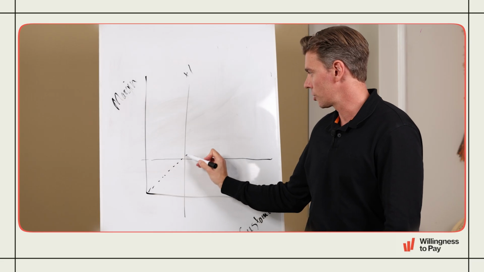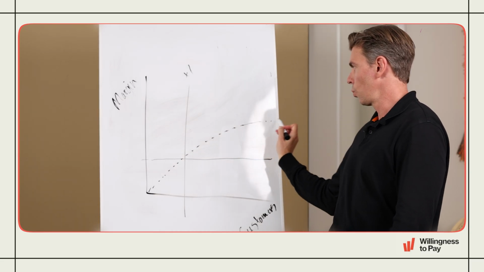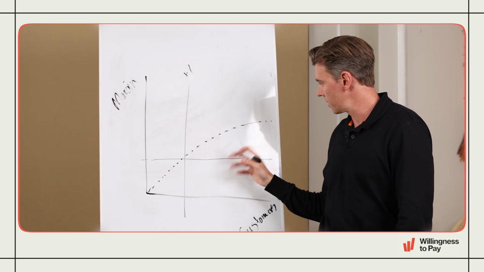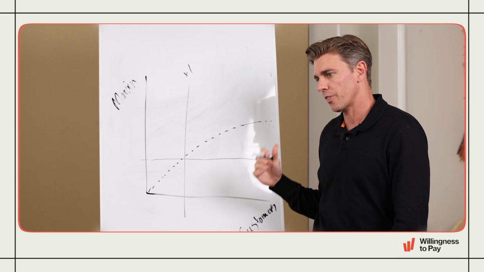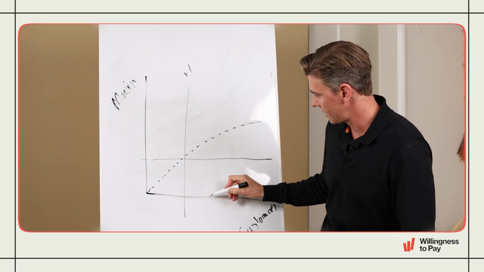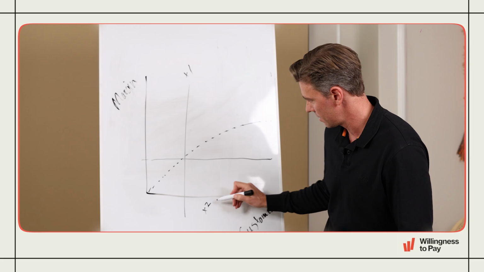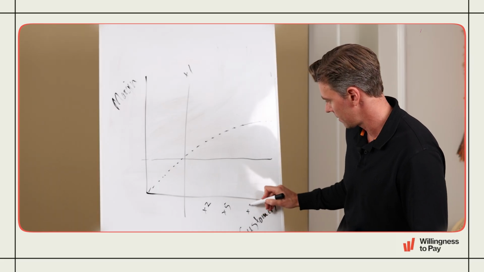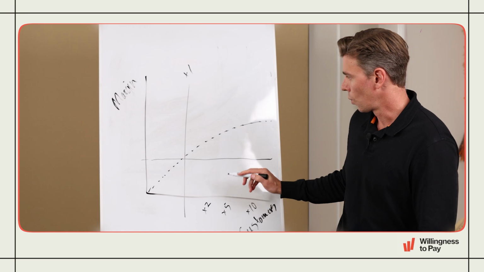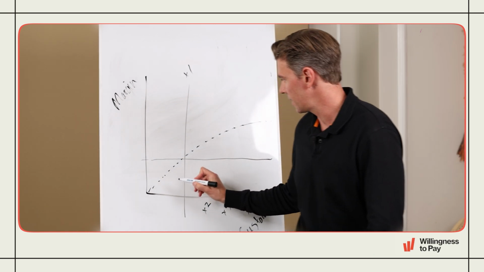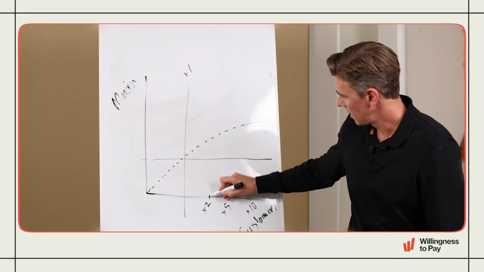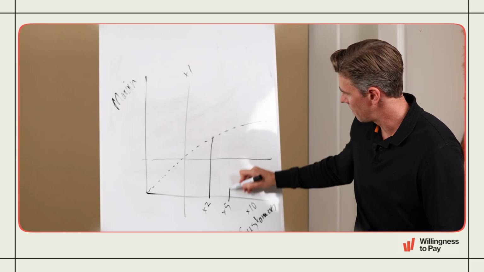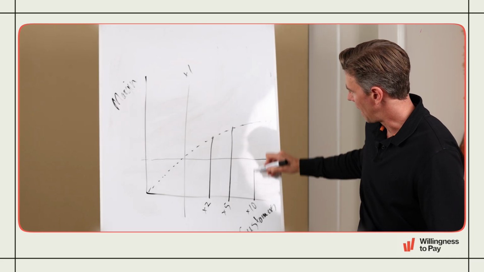Our margin curve will look something like this, a logarithmic curve. So what that means is at 2 times, 5 times, 10 times, we will start to see different margin profiles.